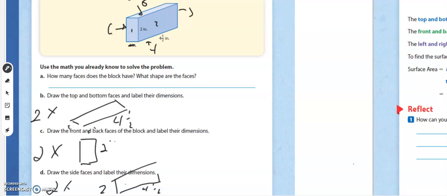So we've got 1 inch dimensions, 2 sets that have the 4.5 dimensions, and 2 sets that have the 2 inch dimensions.